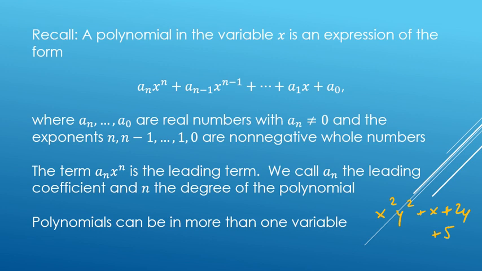This is typically something that we look at in a significantly higher level math course. If you go on to take Calculus 3, that's typically where you'll be looking at these things more. But for now, for the most part, we're really just going to be looking at polynomials in one variable, typically x.